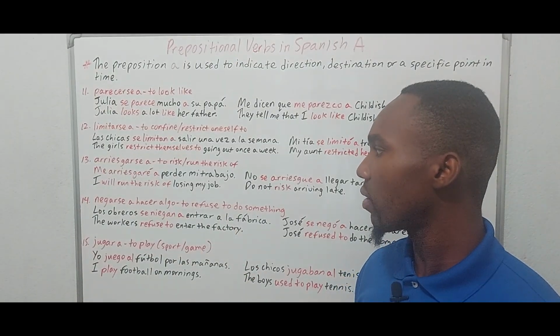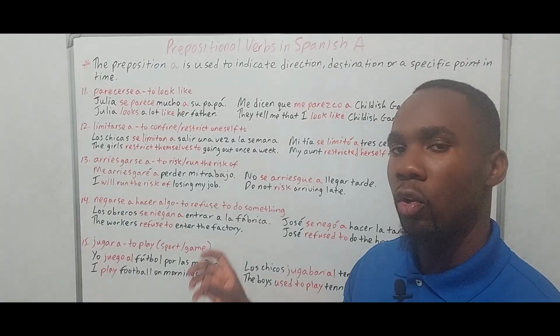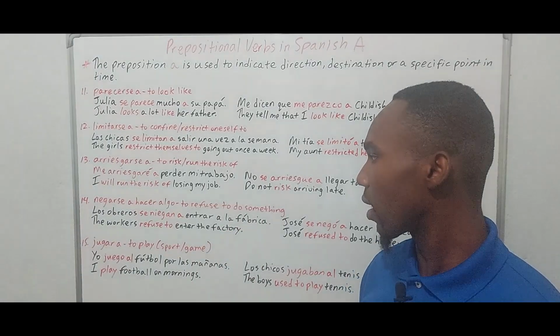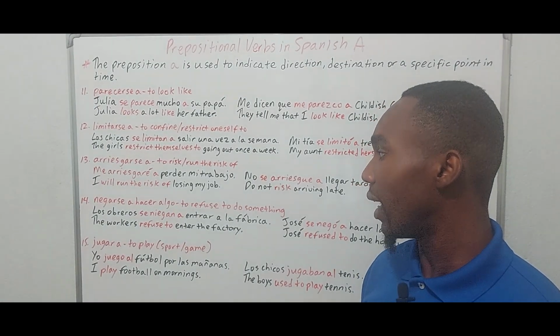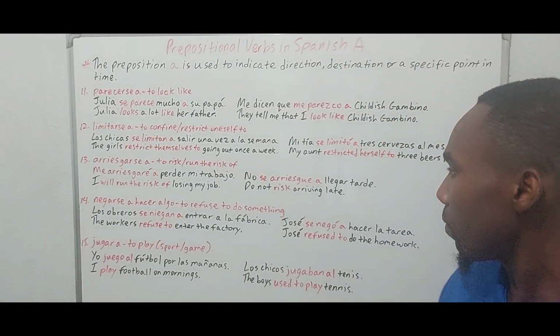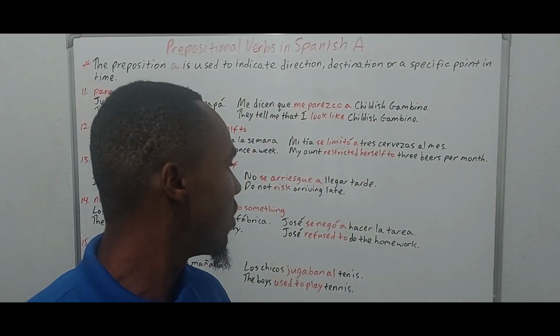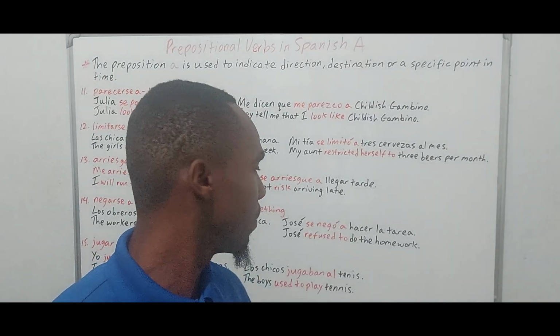14. Negarse a hacer algo, to refuse to do something. Los obreros se niegan a entrar a la fábrica. The workers refuse to enter the factory. See? And over here, José se negó a hacer la tarea.